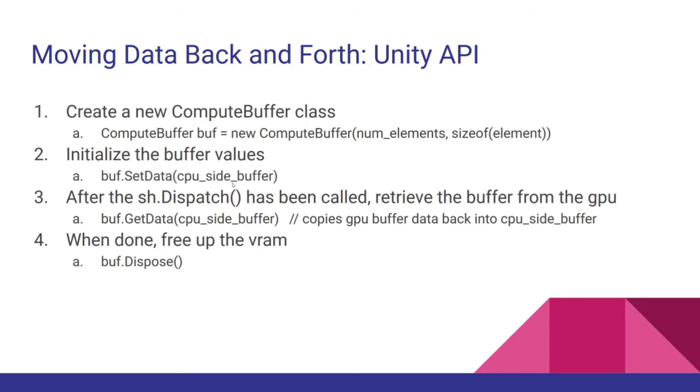After that dispatch function is done, you can just call buff.GetData, and that will copy data that the GPU filled out during the dispatch back into that variable. So basically data in, data out comes into the same variable, right? And then when done, just be sure to free up the VRAM so you aren't choking your GPU.